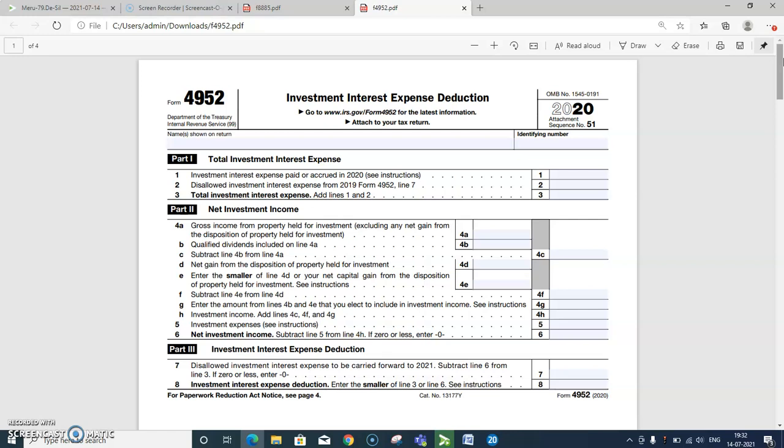Okay, so there are certain limitations for Form 4952. Those limitations apply if the investment interest expense is less than your investment income from interest or ordinary dividends minus any qualified dividends, if you don't have any other deductible investment expenses, and there is no carryover or disallowed investment interest from previous years. The following investments do not qualify.